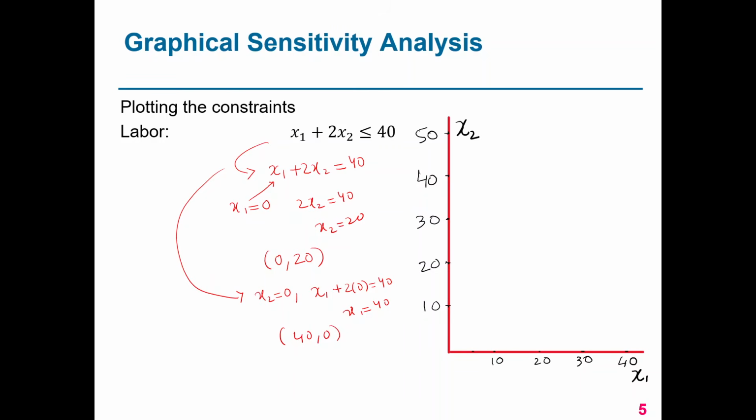With these 2 points, (0, 20) and (40, 0), we can plot this line on this graph, and this will give us the labor constraint. And since the constraint says that this should be less than or equal to 40, all the area on this graph below this line is a feasible region for this constraint.